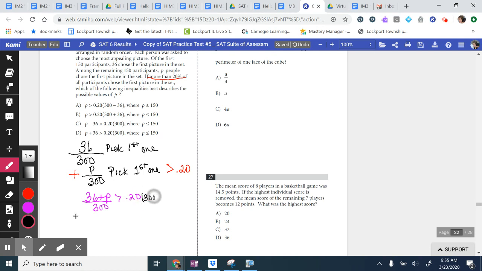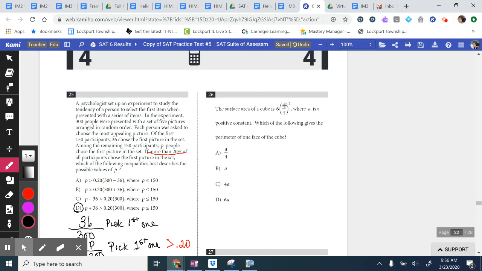So I think I'm going to eliminate the fraction right away. Then I have 36 plus P is greater than 0.20 times 300. And I might just stop right here and see if I have any expression that matches the one I just wrote down. And I absolutely do, because that's D. So I don't have any more work required on this problem.